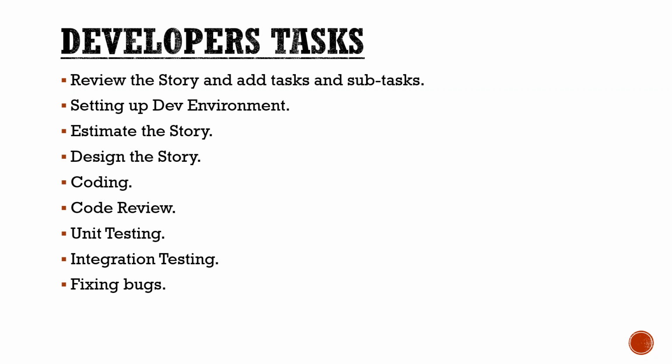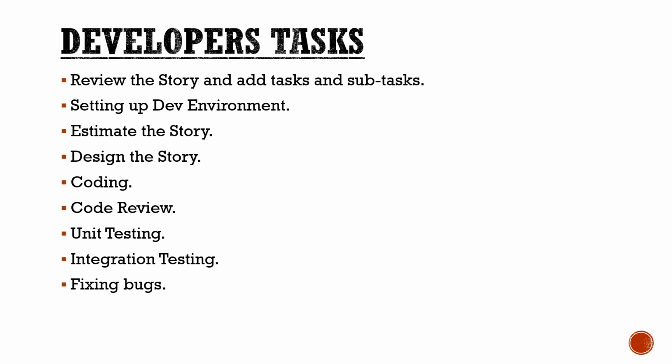After coding, a peer or superior will review the code of a junior developer. And then unit testing. If a developer developed a particular feature like the sign on feature, that is unit testing. And integration testing is integrating all the features or modules and testing them.